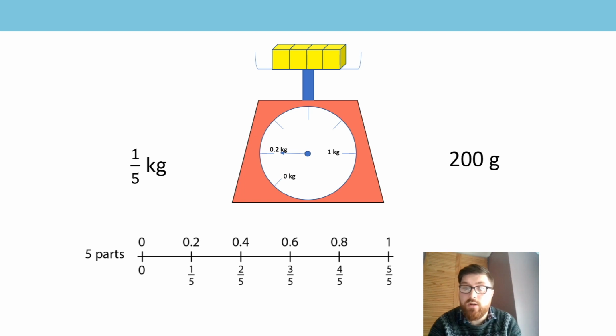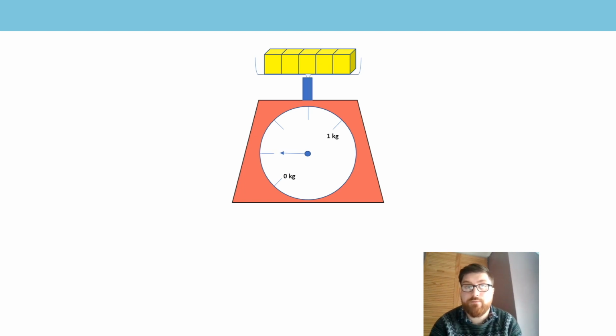Let's have a look at another weighing scale. So what do you notice about this one? Can you see how many intervals there are this time? That's right, 4. So what does each interval represent here? Before we look at that decimal equivalent, do you think it's going to be greater than or less than 1/5 of a kilogram?